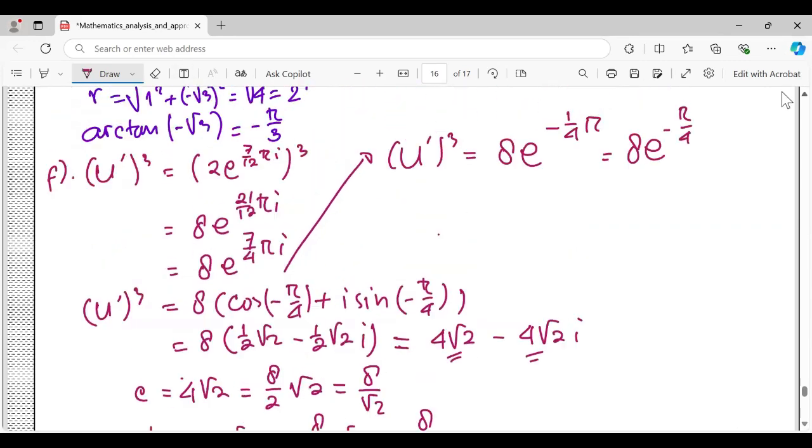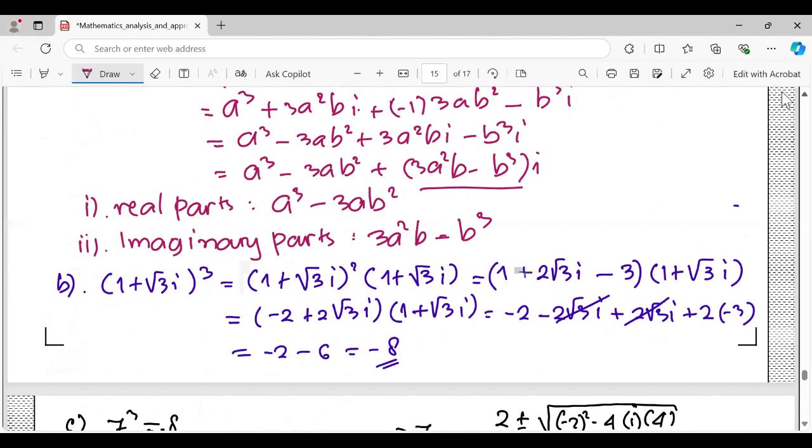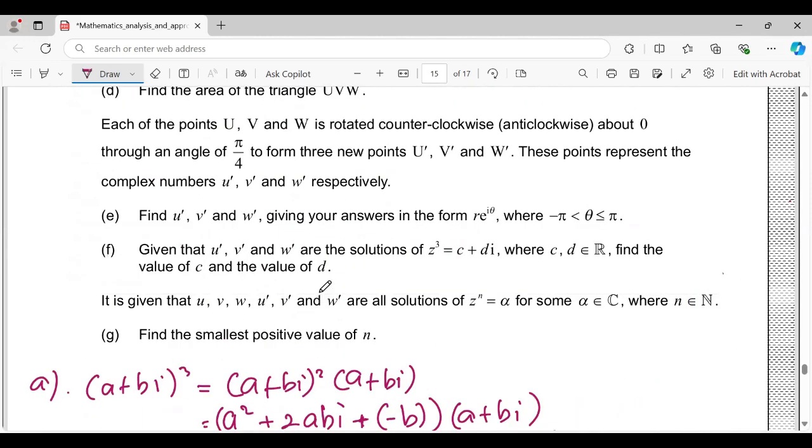Next, G. This one is given that U, V, W, Ux, Vx, and Wx are all solutions of Z power N equals alpha for some alpha elements of C, where N is an element of N. Okay.